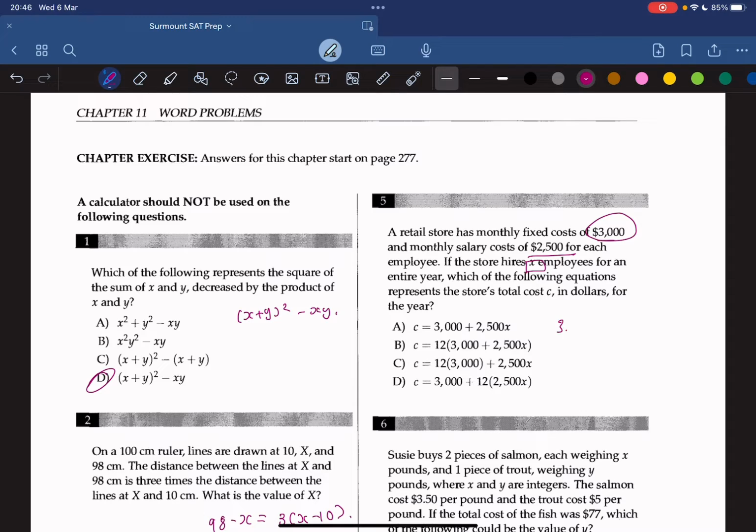So we have 3,000, and we add to that the cost of the employees, which is 2,500x. And since we need the total cost for the year, we have to multiply by 12 months. So we get 12 times the quantity 3,000 plus 2,500x. So the answer is B.